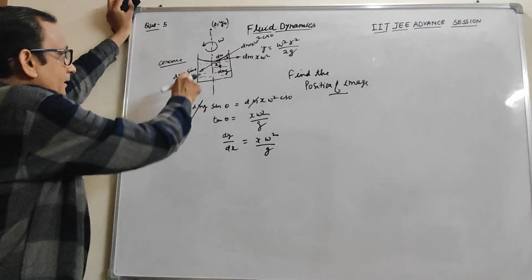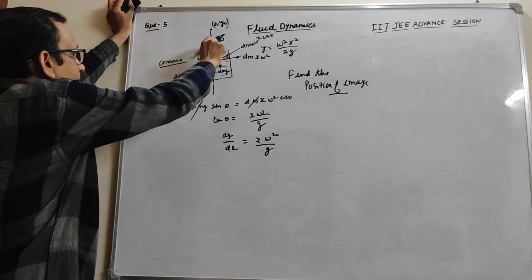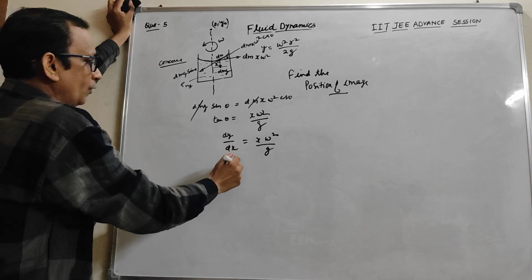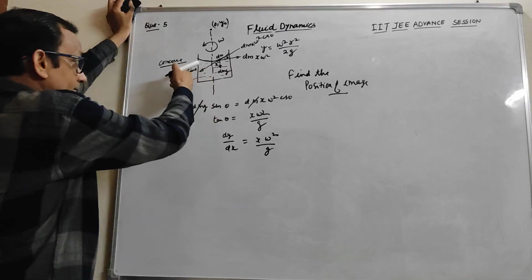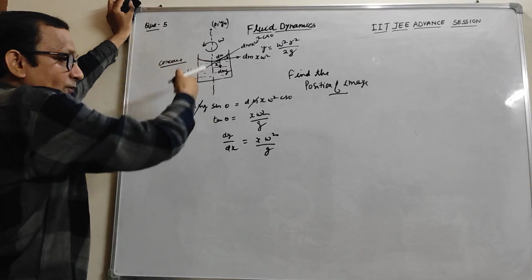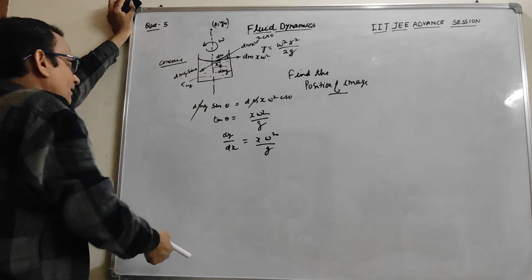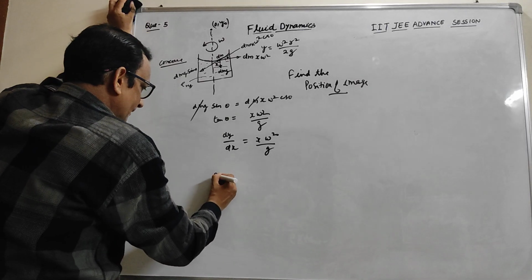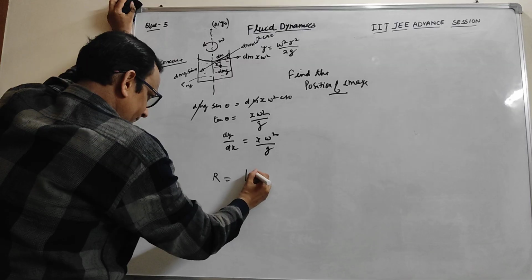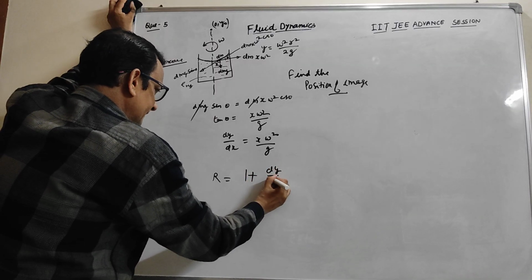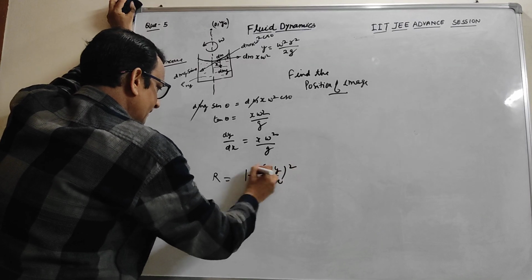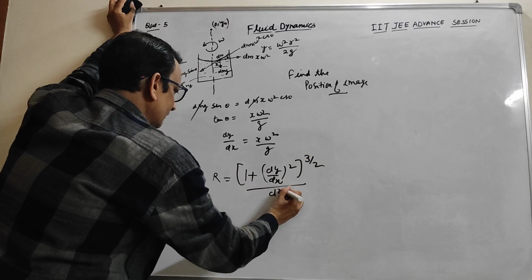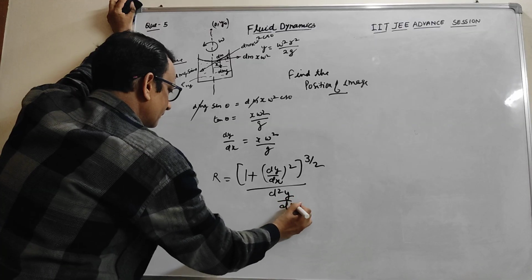Here the shape is a concave mirror, so we calculate the radius of curvature of the parabola. That would be the radius of curvature of the concave mirror. We know the formula: radius of curvature is 1 plus (dy over dx) whole square raised to power 3 by 2 upon d2y over dx square.